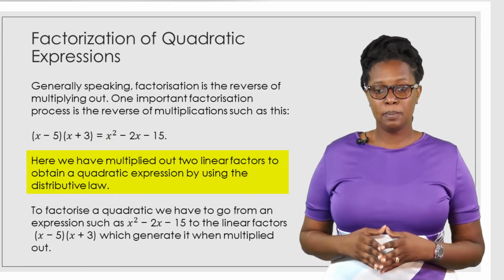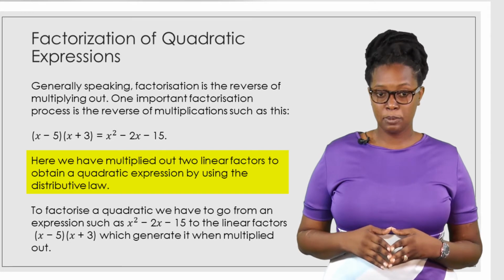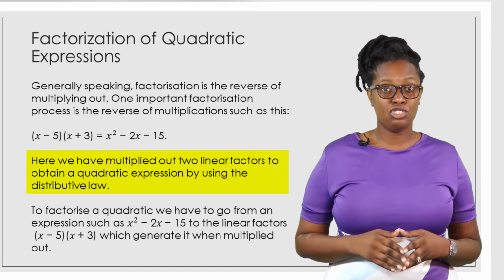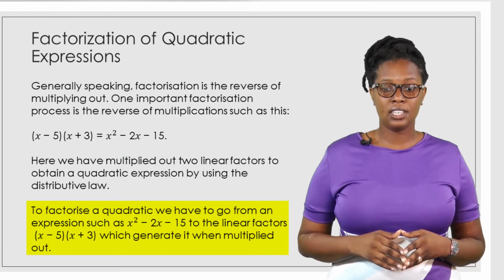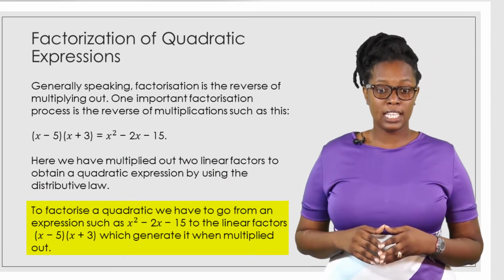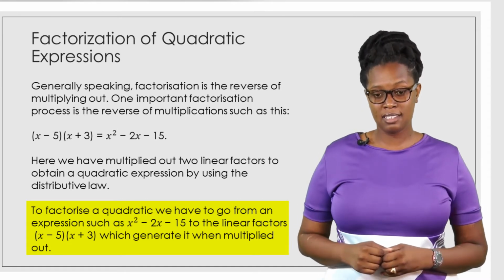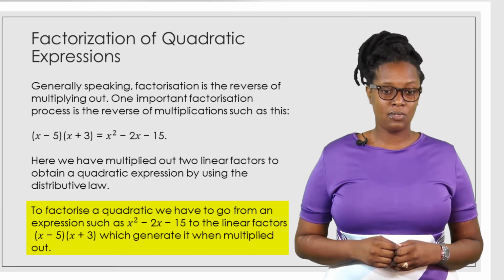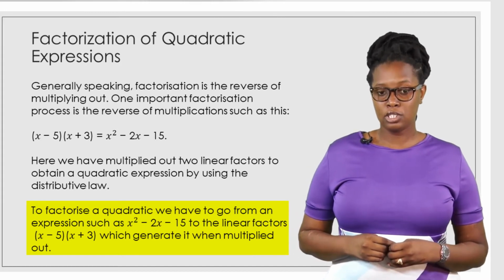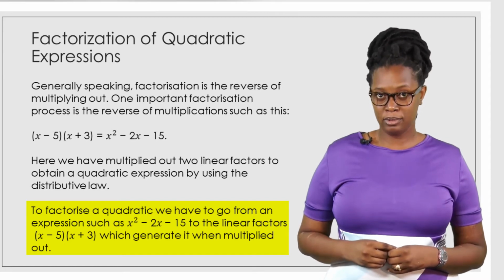Here we have multiplied out two linear factors to obtain a quadratic expression by using the distributive law. To factorize a quadratic, we have to go from an expression such as x squared minus 2x minus 15 to the linear factors x minus 5 and x plus 3, which generated it when multiplied out.